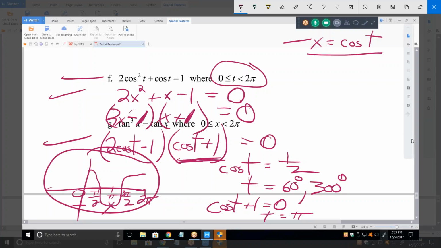So when you're looking for the place where it's -1, there's only one spot in the unit circle, and that's pi, which is 180 degrees. So if we're putting our answers in degrees, our answers are 60, 180, and 300.